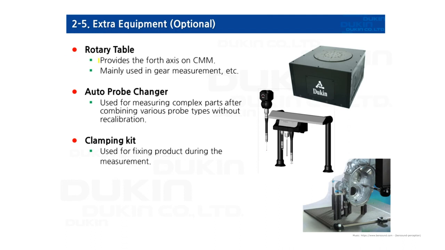A rotary table provides the fourth axis on the CMM, and there is also the auto probe changer. This allows using multiple probes at once without having them calibrated whenever you need to use them. And a clamping kit is also very useful equipment for fixing complicated shaped parts.